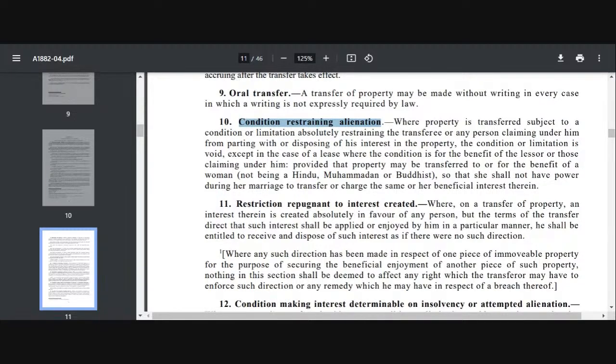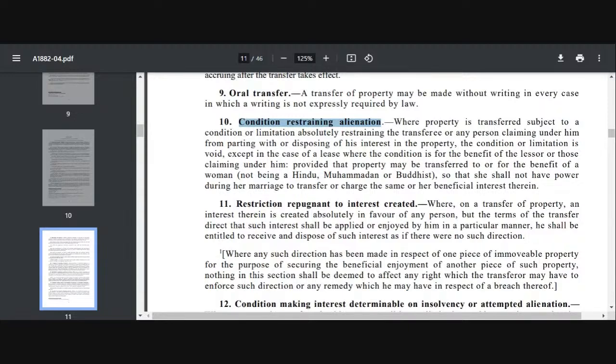तो हम सोच सकते हैं that अच्छा ठीक है, जहाँ partial restraint है वो valid है और वो enforceable हो सकता है. But absolute restraint is void. Any condition absolutely restraining alienation is void. ठीक है. यहाँ exceptions हैं to the general rule that absolutely restraining alienation is void, हमारे पास दो exceptions हैं. First is in lease and second is married women who is not a Hindu, Muslim or Buddhist.